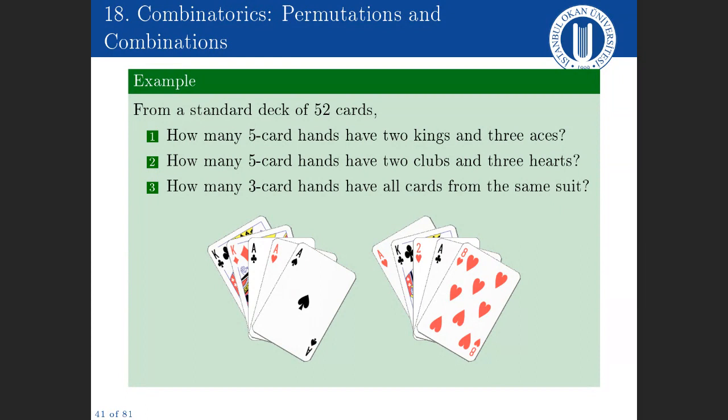Let me just explain the word hand here. When you play cards, you're given some cards and you hold them in your hand. This is called a hand of cards. So another way to ask this question would be, how many ways can 5 cards be chosen from 52 cards such that we have 2 kings and 3 aces?